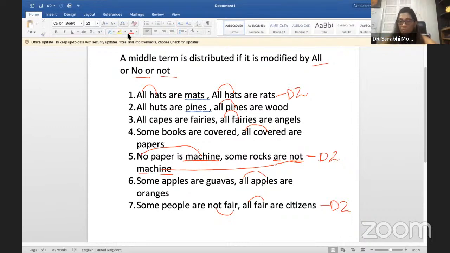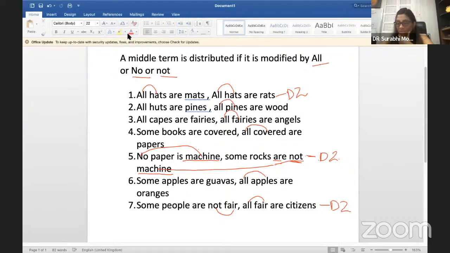A middle term is distributed, or any term is distributed if it is written with all or no or not. That means terms written with some are not distributed. Anything written with no is distributed. Anything written with not is distributed.